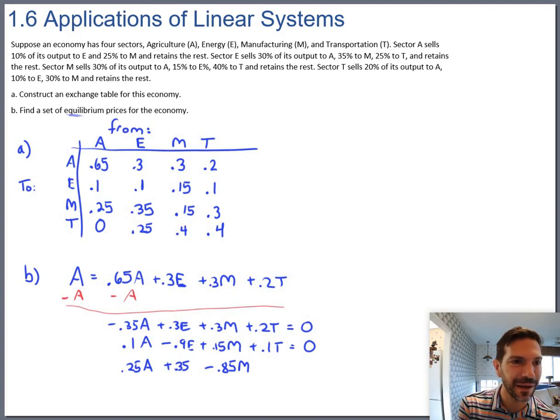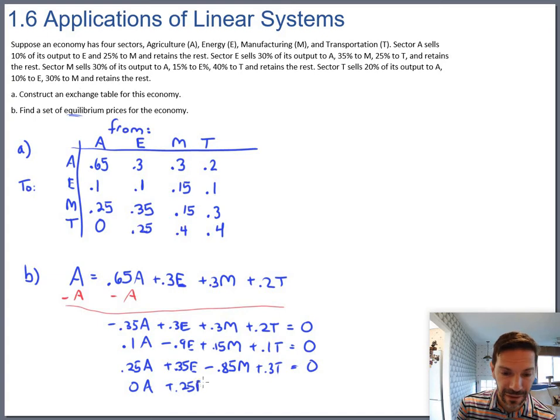Let's make this back into an E. And let's see, where were we? We're on the third row, and then 0.3 T equals 0, and the last one we'll move T over to the other side, so this equation will be 0A plus 0.25 E plus 0.4 M and then minus 0.6 T equals 0.